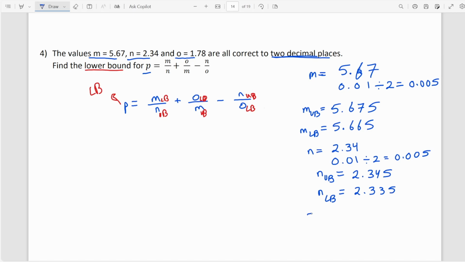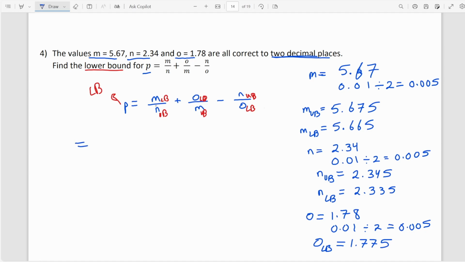Finally, for o, it's 1.78. All right. And your unit of round is 0.01 again, and your error is the same, 0.005. We actually don't need o upper bound, by the way. We only want lower bound, so no need to find it. Let's just find the lower bound. It's 1.775. That's it.